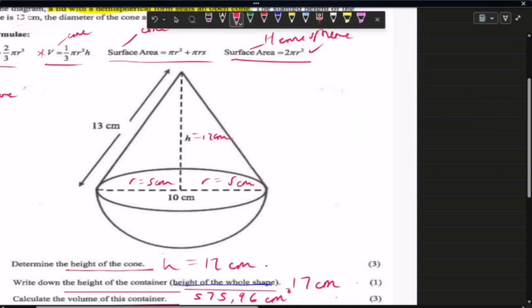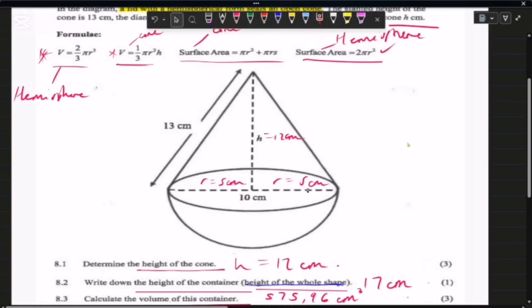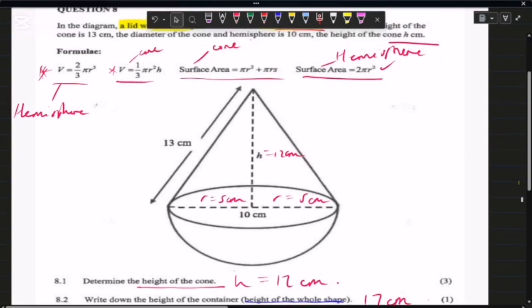Okay, now the surface area of this shape, we have to be very careful now, because it is very tempting for us to say the total surface area is basically the surface area of the hemisphere plus the surface area of the cone, but we have to be very careful, because in this case that is not the case.